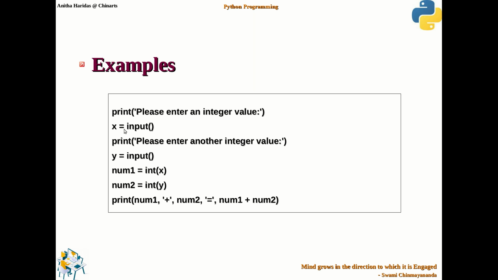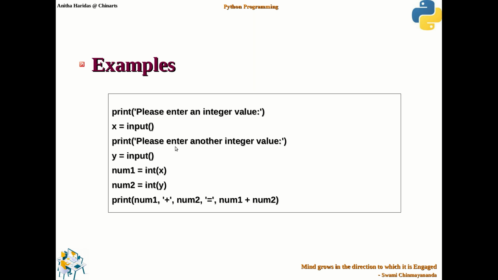Then you say x is equal to input. Then I don't give any argument here. No string argument is given. So the input function will not give any prompting. It will be waiting for the user to enter the data. Whereas the previous print statement will give you a prompting. So this is one way of having a prompt for reading the data.